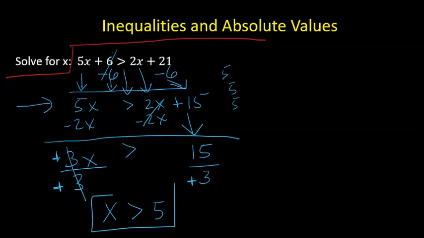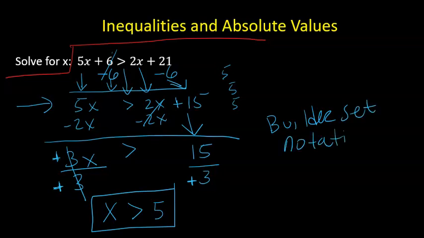Cool, so this is the final answer. If I have to do it in what we called set builder notation, that's going to look like this. I'm going to have my little curly bracket. And then we're going to do this guy. This is just the standard. This is like a fancy way of doing X. It's the same thing as the X's we've been doing.